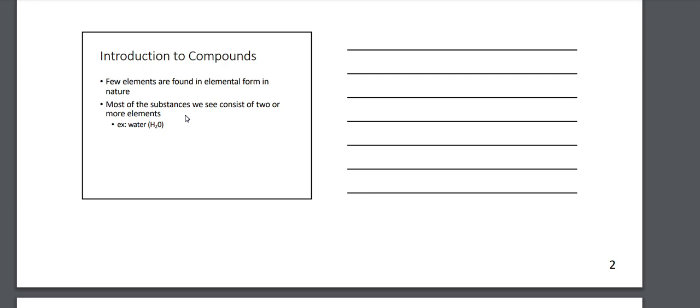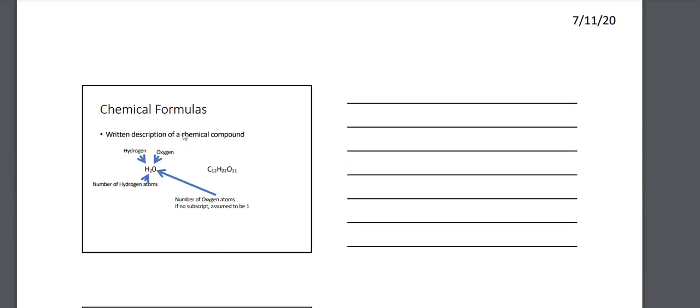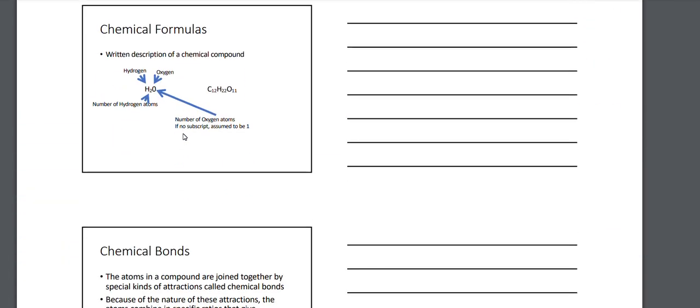Most of the substances we see consist of two or more elements. When you have two or more elements bonded together, we call that a compound. For example, water, which has a chemical formula of H2O. That gets us into talking about chemical formulas. It is important for you to understand what kind of information a chemical formula conveys to us.